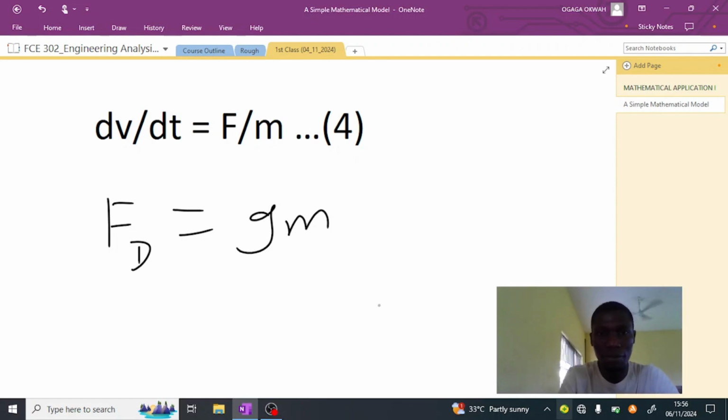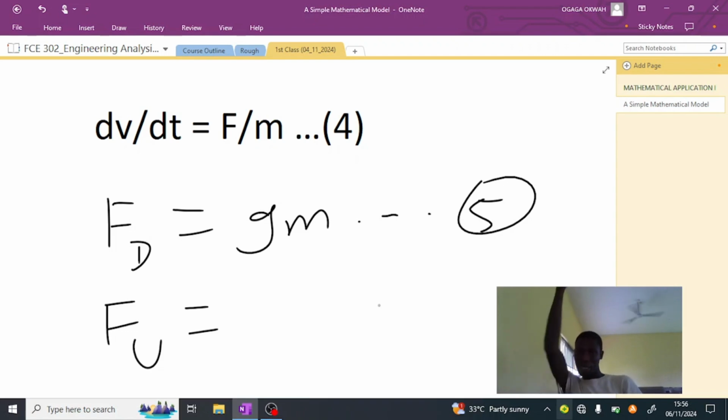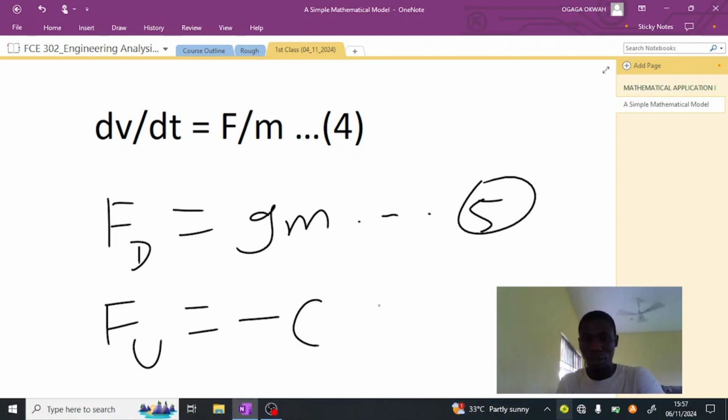So call this equation 5. Then the upward force, Fu, is as a result of air resistance. The upward force is in the opposite direction of the force of gravity, so we have a negative sign, and then a proportionality constant, and this is velocity, of course.